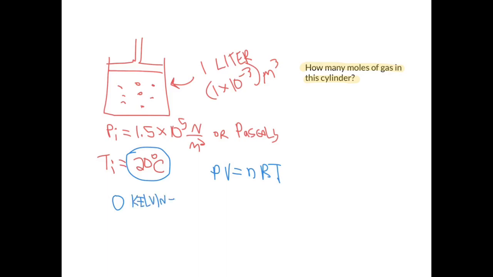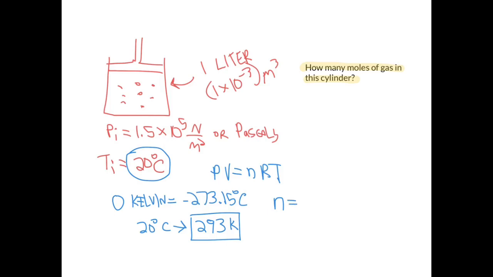You may remember that absolute zero Kelvin is negative 273.15 degrees C, and we'll ignore the 0.15 for now. If we have 20 degrees C, we're just shifted by 273, so 20 degrees C would be 293 degrees Kelvin, which is what we're going to use in solving this.